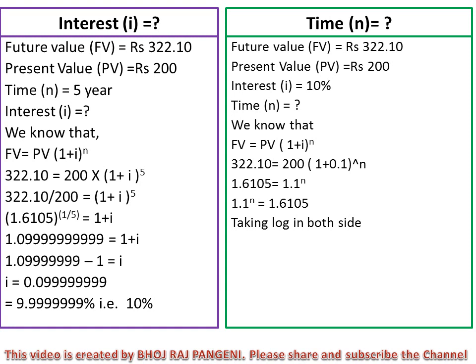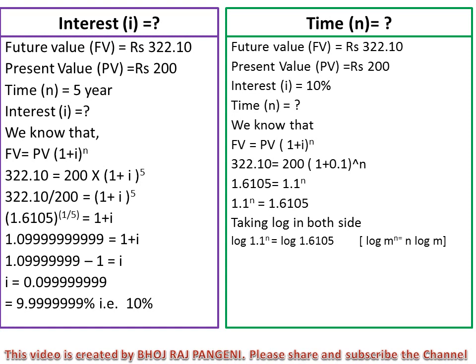Taking log on both sides means log of 1.1 to the power n equals log 1.6105, and we use the formula log m to the power n equals n log m. Use this formula and you can easily compute n.